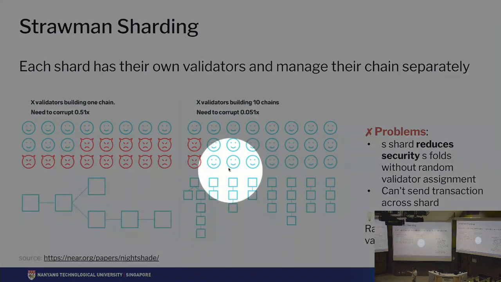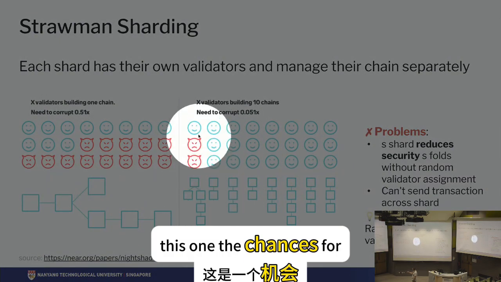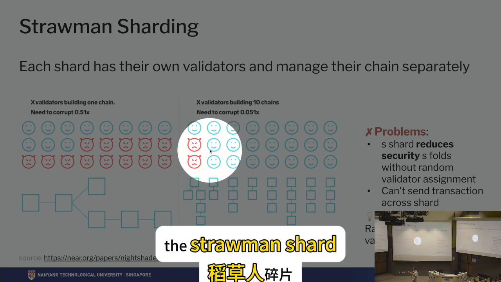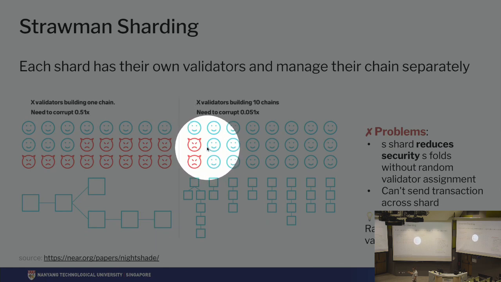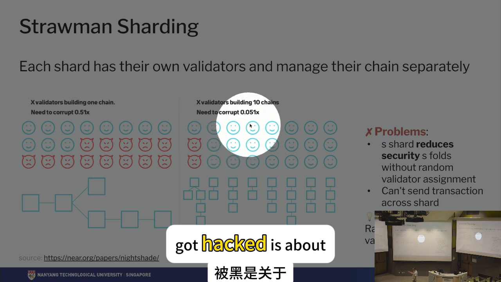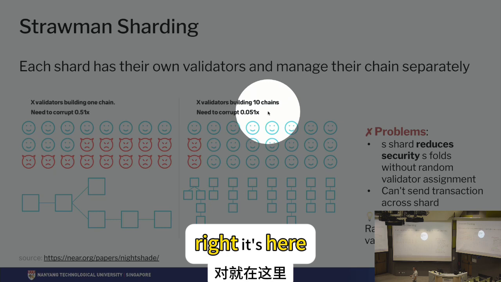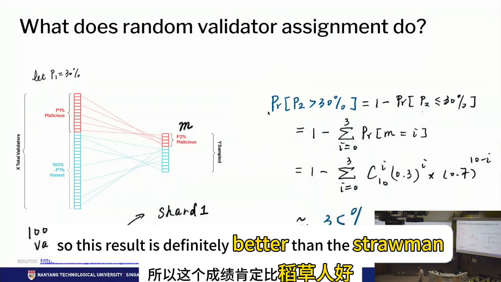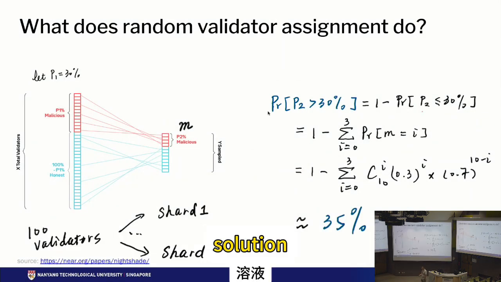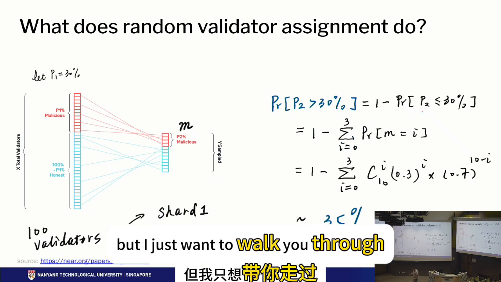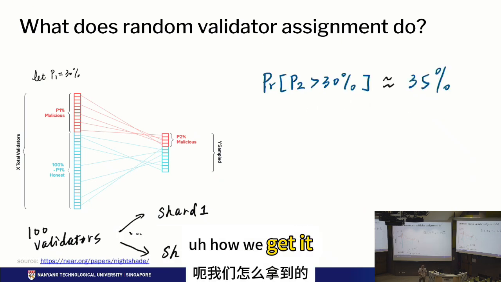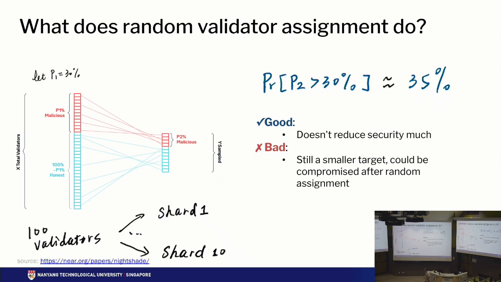If you calculate that one, the chance for the strawman sharded chain to get hacked is about 5.1%. So this result is definitely better than the strawman solution. I think it's apparent, but I just want to walk you through how we get it. Any questions so far?